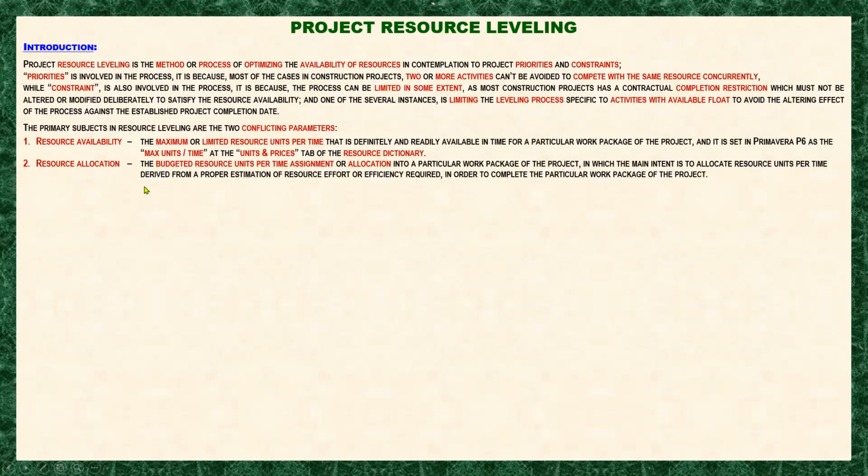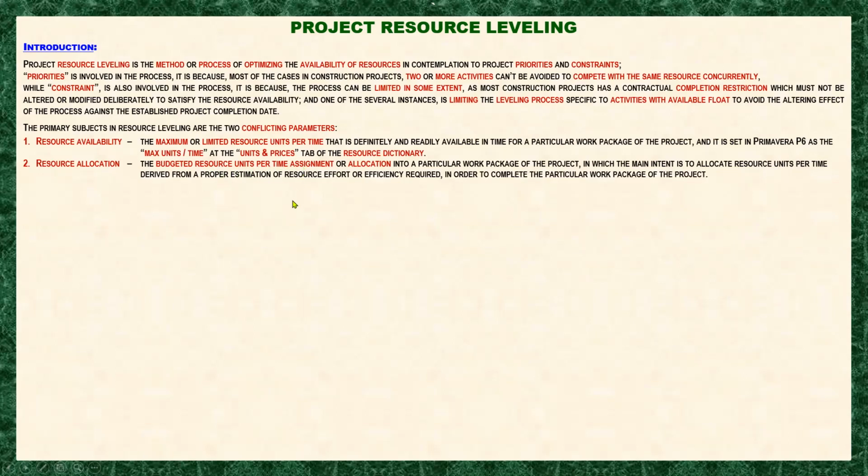So that means this resource allocation is the budgeted resource units, meaning you have calculated this according to your own best estimate of how many units of resource will be required to complete the work package of the project.